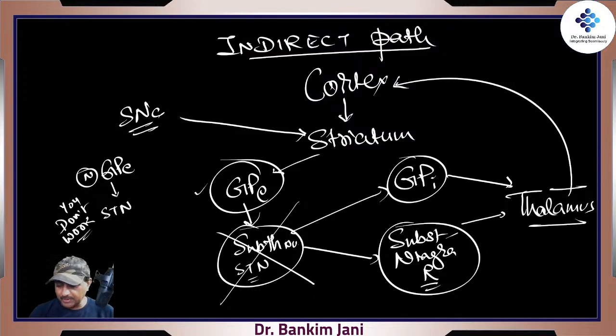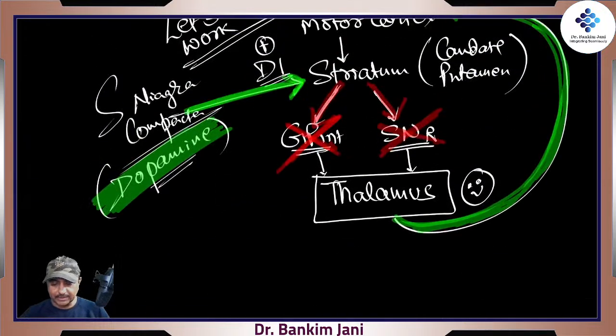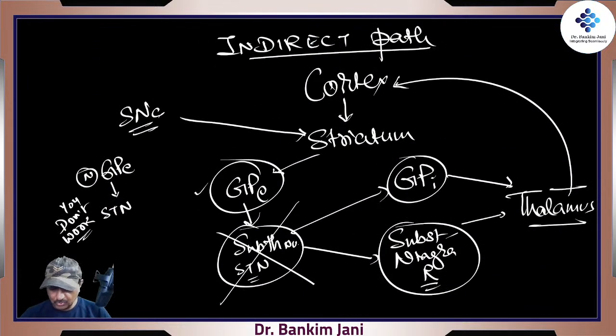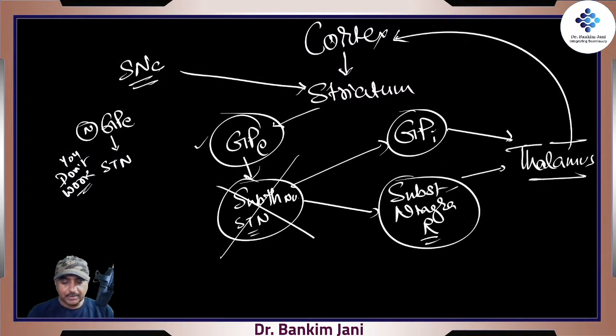When they don't speak, GPI and substantia nigra are under the control of the striatum. The striatum was telling them, GP internus, SNR, you don't work, so the thalamus can work. From both sides, GPI and substantia nigra were kept under control.